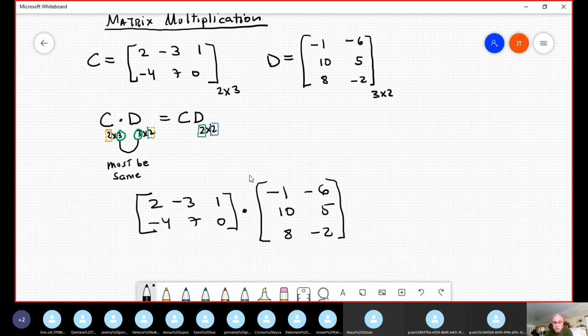Let me copy the dimension again: 2 by 3, 3 by 2, matching perfectly, and the answer is 2 by 2.